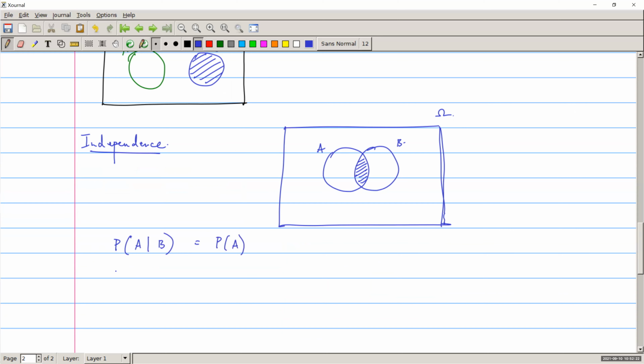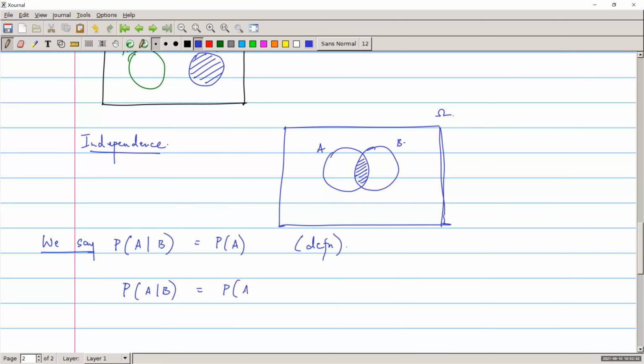Now let us write this. This is by the definition. Now let's try to interpret this in a little different way. What is the probability of A given B?